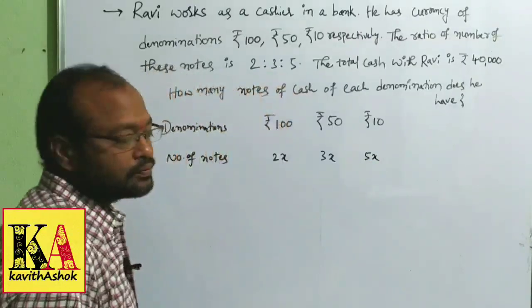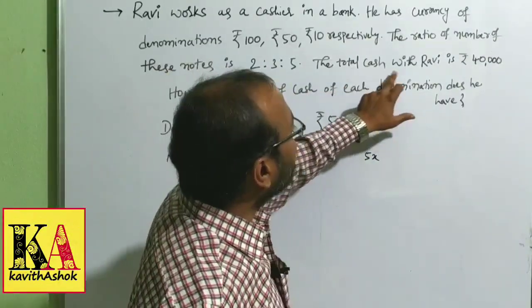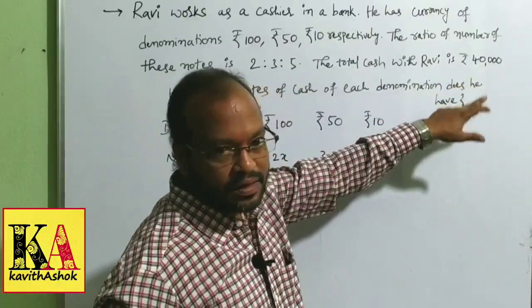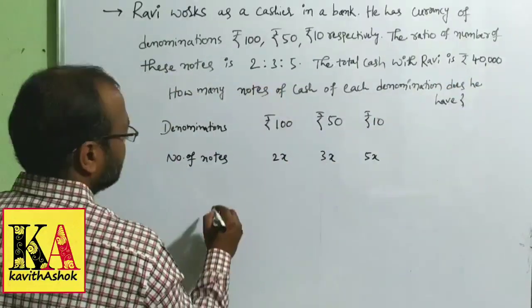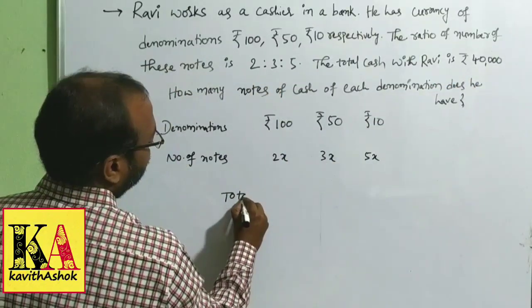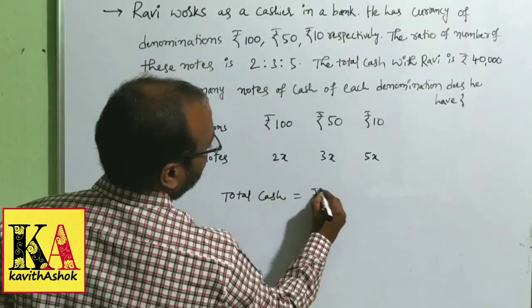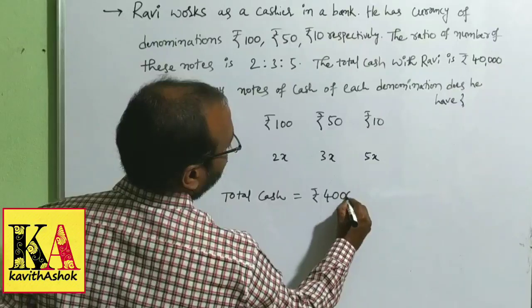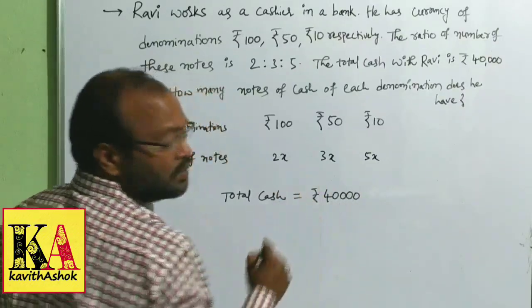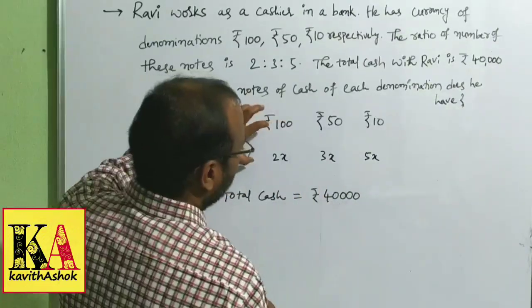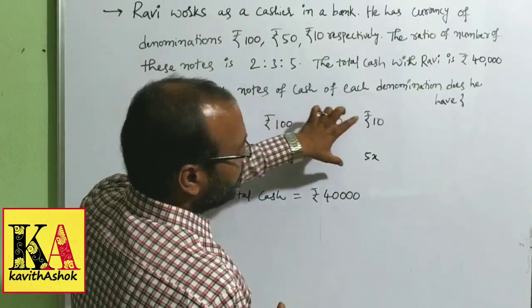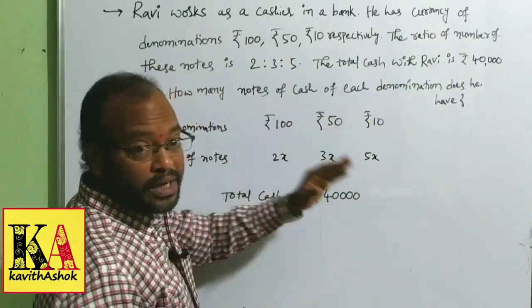Right. The total cash with Ravi is rupees 40,000. So 40,000 rupees contains 100 rupee notes, 50 rupee notes and 10 rupee notes. But we don't know how many notes are there.